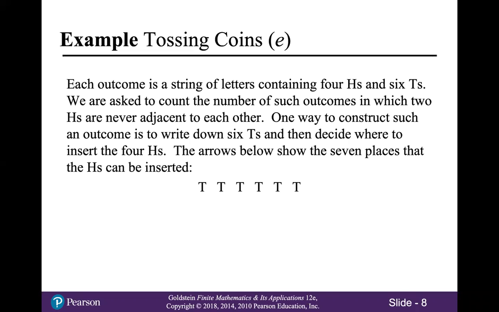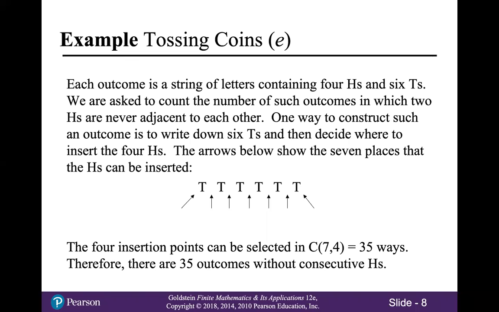The arrows below, which you'll see in just a second, show the 7 places that the H's can be inserted. So you can put an H right at the beginning, you can put an H right at the end, or you can put an H between any 2 letter T's, but only one, right? Because you're not allowed to have 2 H's next to each other.